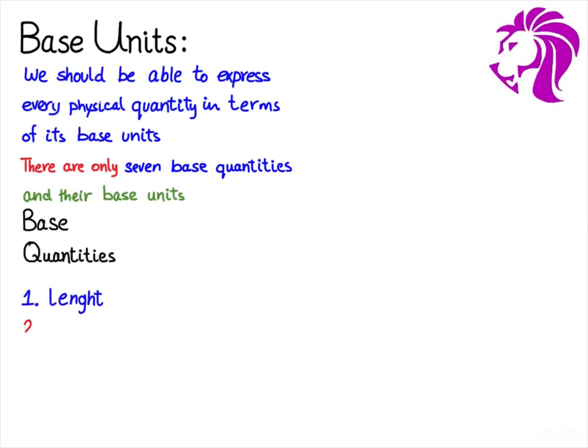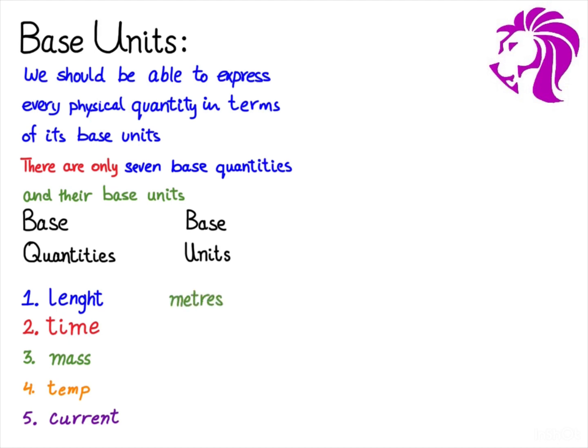The quantities are length, time, mass, temperature, current, and their respective units are length in meters, time in seconds, mass in kilograms, temperature in kelvins, and current in amperes.